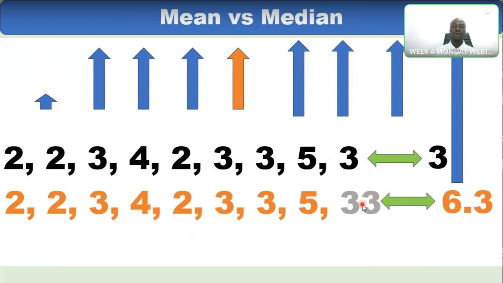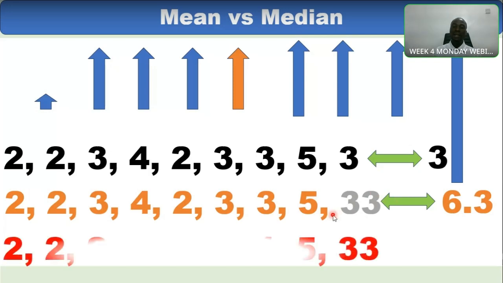That is why we say that when we have an outlier, mean is not usually the best option because of its sensitivity to outliers. However, let us use these same values, rearrange them, and look at the median and see if our median is going to be impacted by this outlier. And here we are.